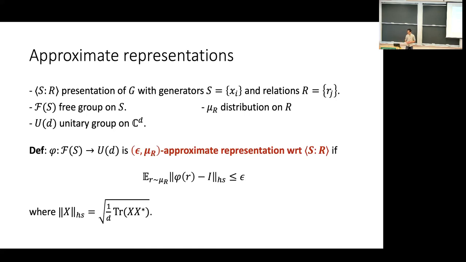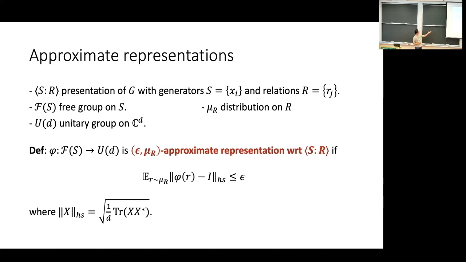Okay, so let's define what an approximate representation of the group G with respect to this presentation is. So we have this map phi. It's a homomorphism from the free group on the generators to the set of d-dimensional unitary matrices. And this homomorphism is an epsilon-mu approximate representation with respect to this presentation if you sample a random relation from this distribution, that relation is approximately satisfied by this map phi, right?